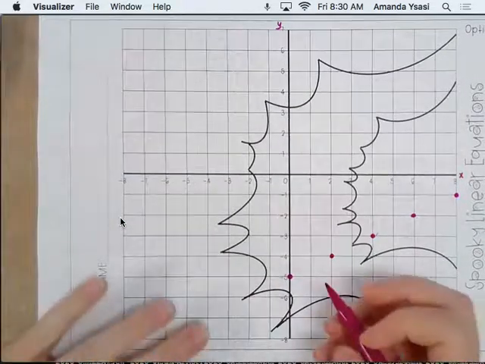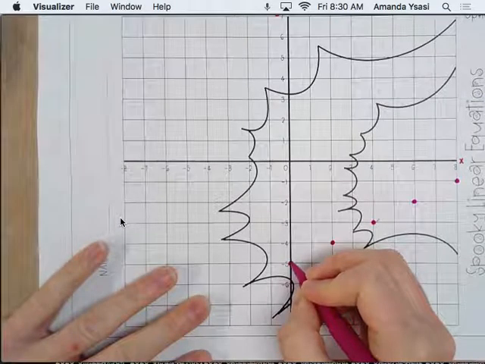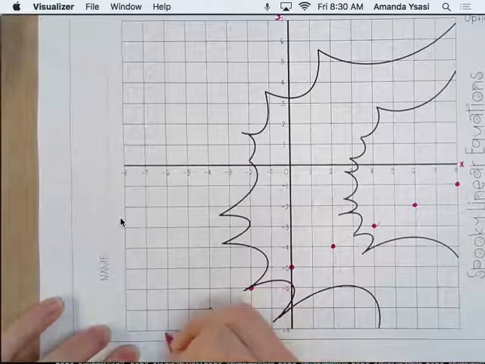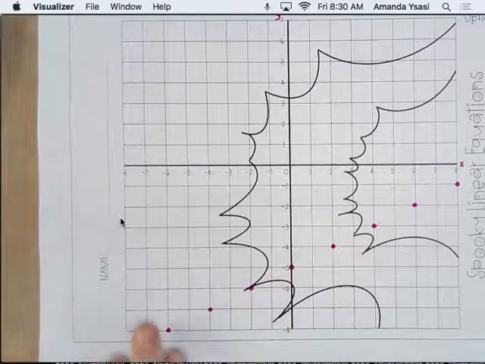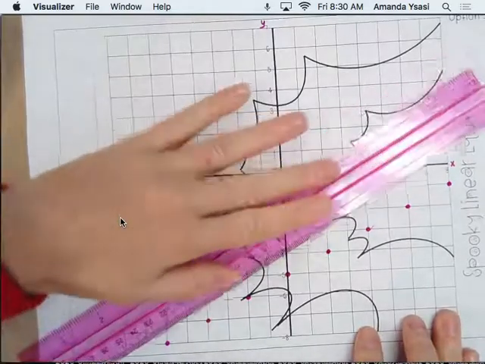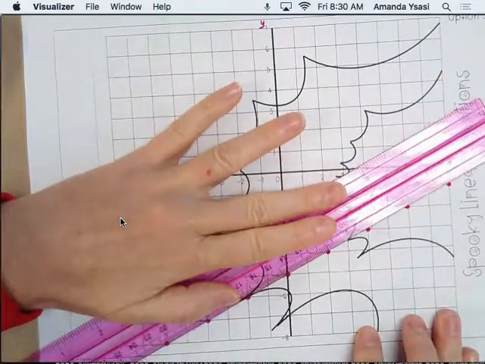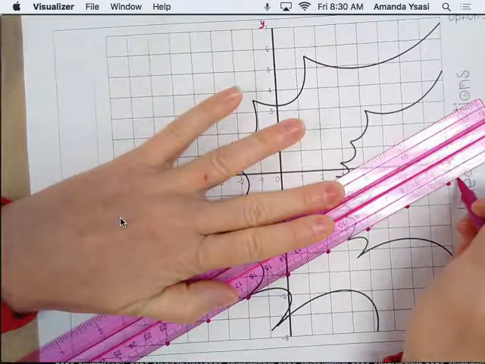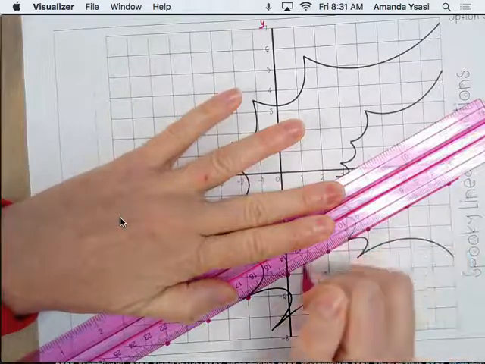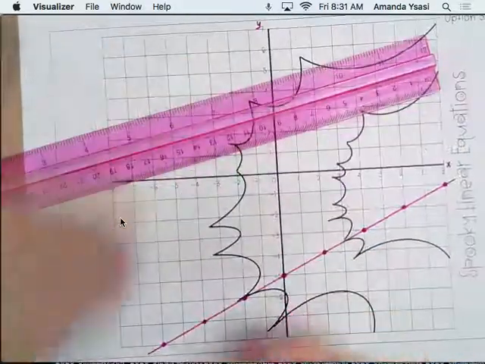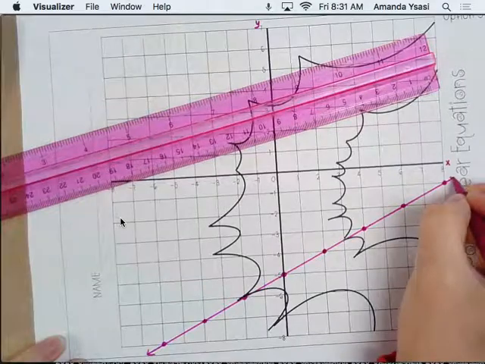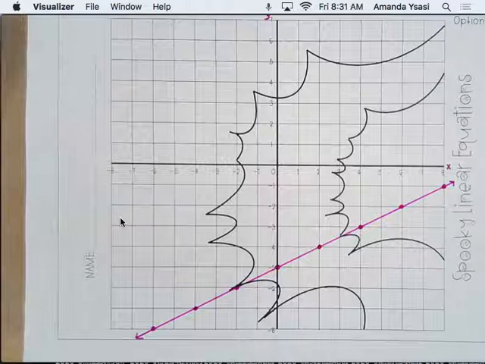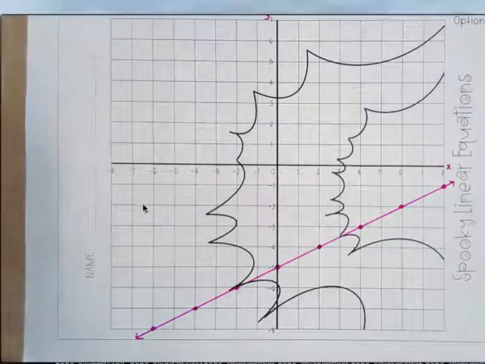Then to get the other points, you would go down 1, left 2. Down 1, left 2. And they want you to go all the way. And connect your points. Make sure it goes exactly through those points. Unlike the computer, you can actually do this whenever you do it by hand. And then go ahead and put your arrows on the end. Use the ruler, okay? Let me shut this off.